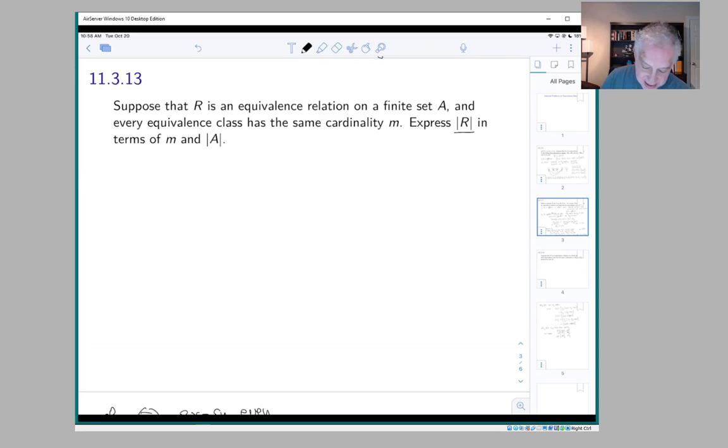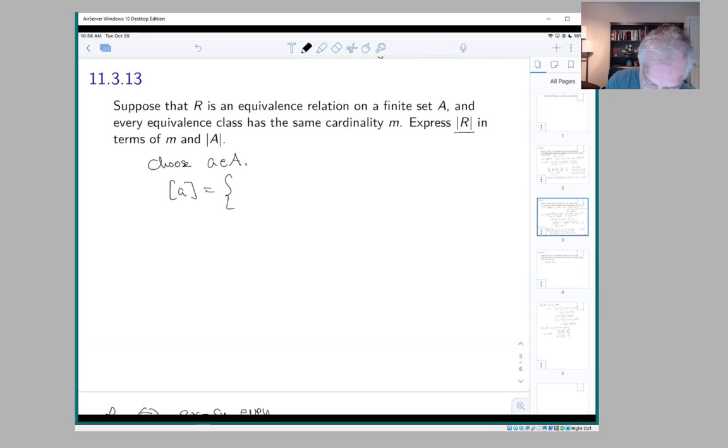What's going on is that you have to think about what it means to have an equivalence class. So let's suppose we're in this situation. So we have A, and we choose an element in A. And let's look at its equivalence class. So remember what this is.